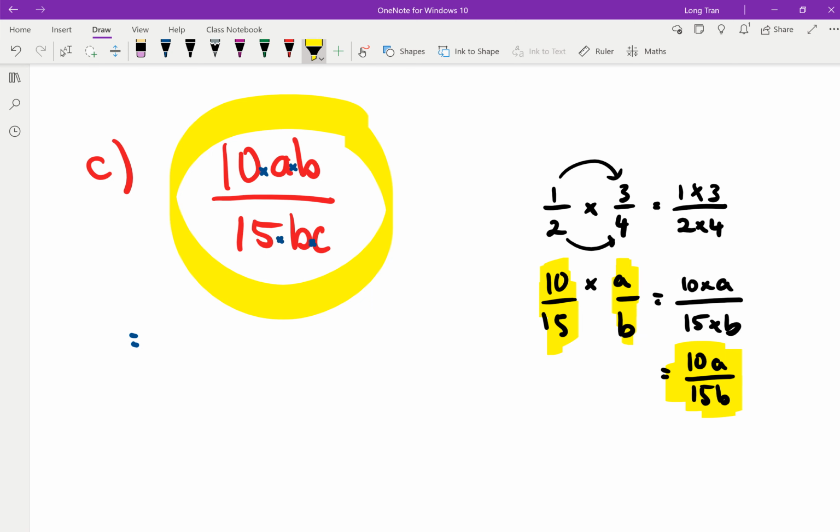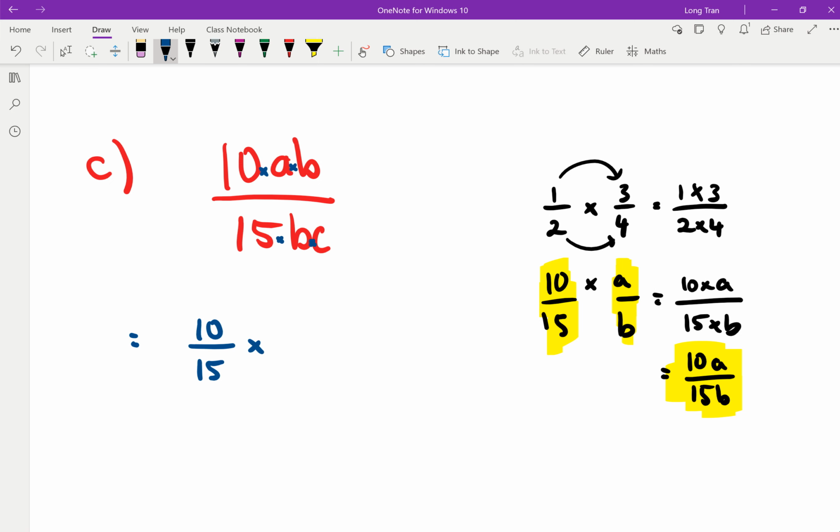So when I split this fraction up, if I want to work with it, I can write it as 10 over 15 times A over B times B over C. You see that? The reason why I want to do that is because by separating the terms, it's actually easier to divide. So let's have a look here.